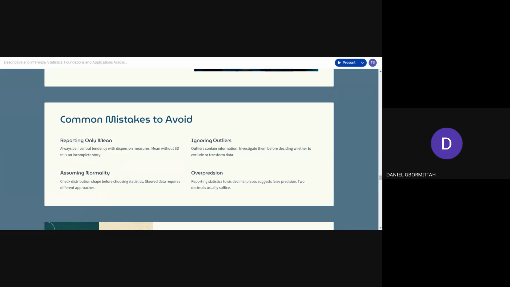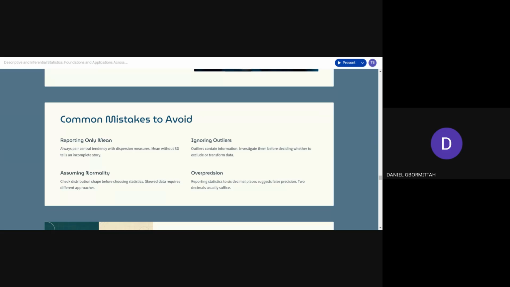When you do that, it doesn't tell us how the data is spread around the mean, because that is what the standard deviation tells us. The spread of the data adds more insight into the interpretation of the data that you have analyzed.